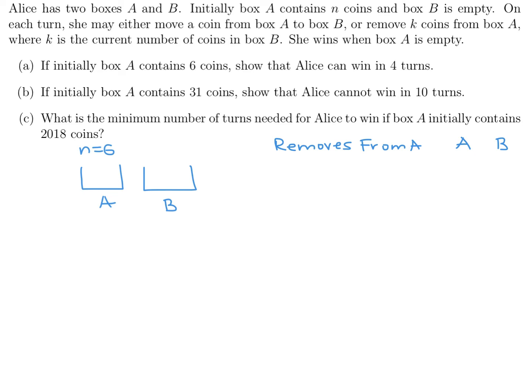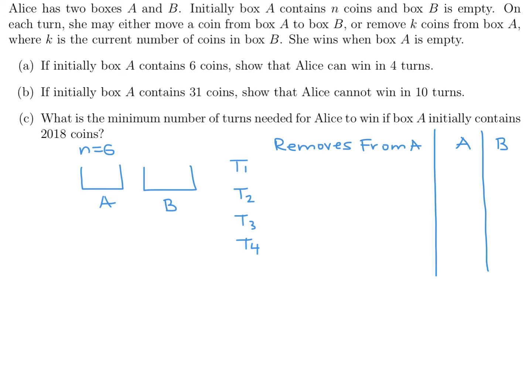And then we have turn 1, turn 2, turn 3, turn 4, turn 5. Let's see. So I only need 4 turns because they wanted me to prove that it can be accomplished in 4. Okay, so let's see. If she removes 1, she can remove a coin.